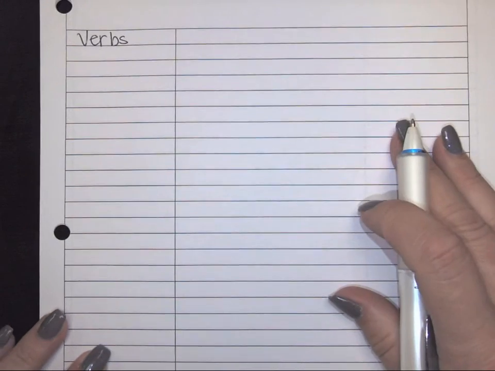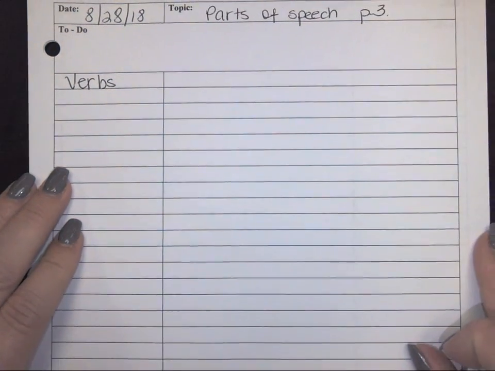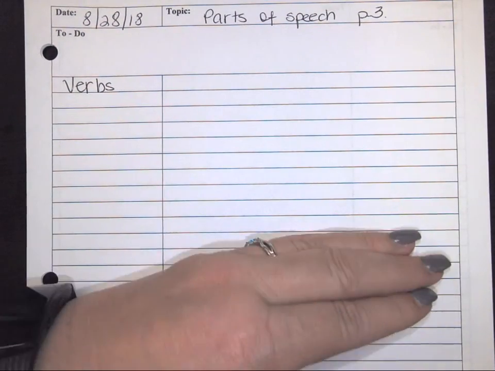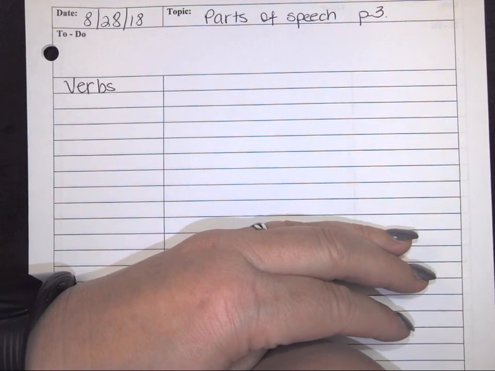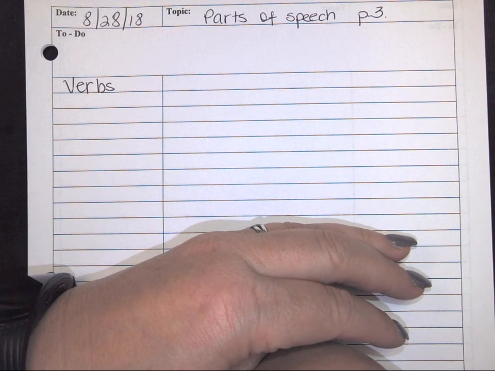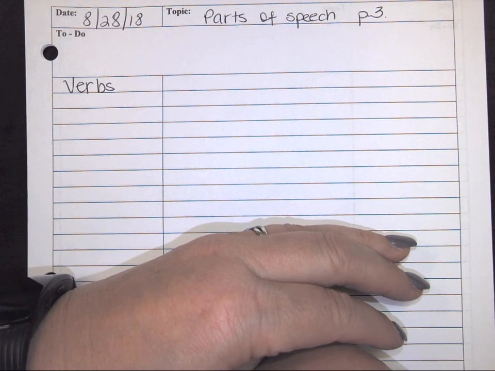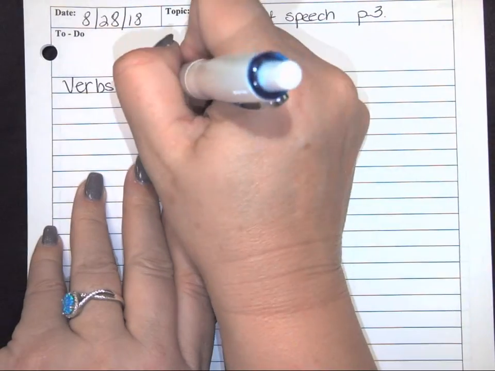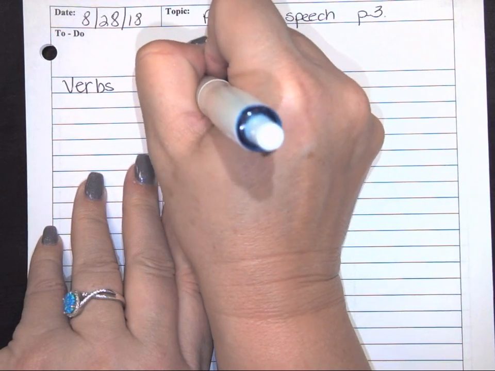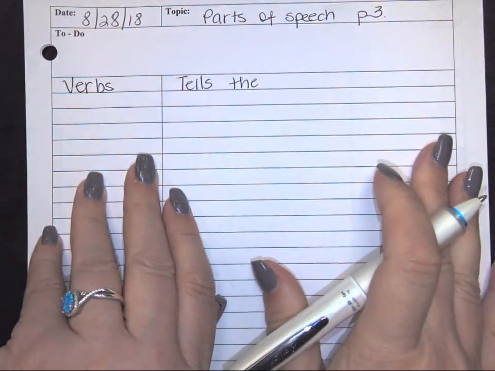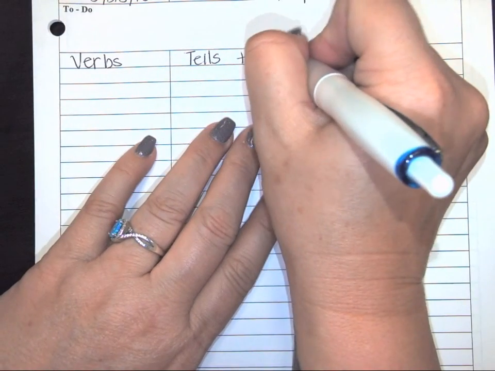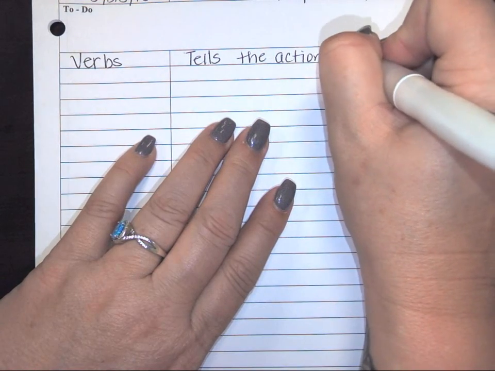All right, so our next one is verbs. And what is a verb? Can anyone tell me? What is a verb? Action. It's an action word. Okay, a verb tells the action part of the sentence.